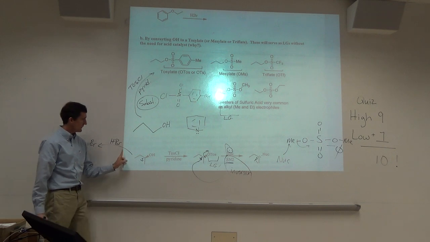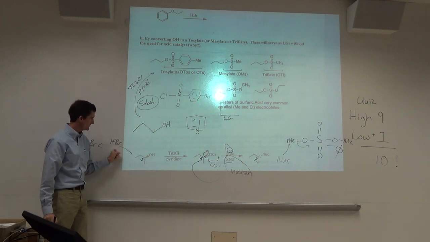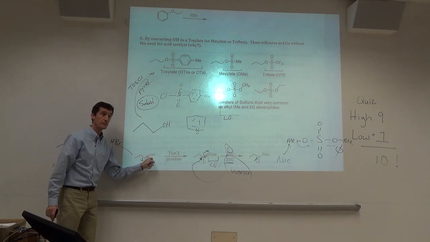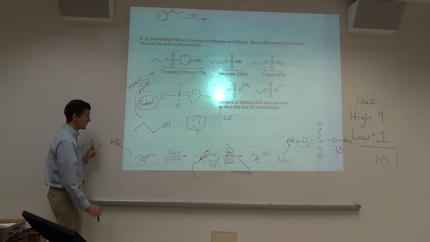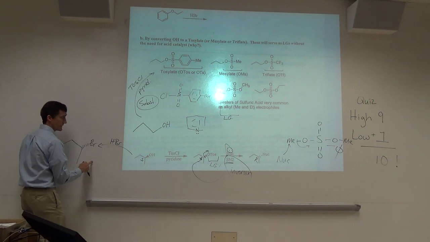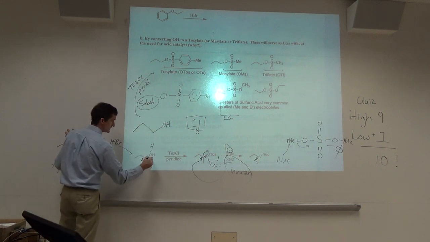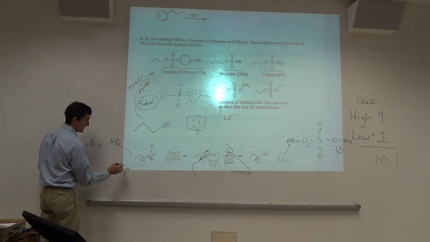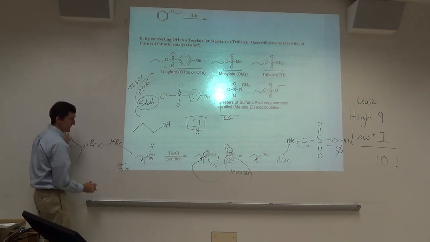What's the mechanism? How do we make this a better leaving group in this mechanism? Strong acid, the OH gets protonated. Yeah? Protonated. And then the Br minus. What can happen next?